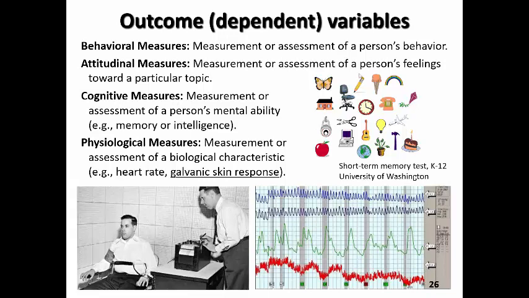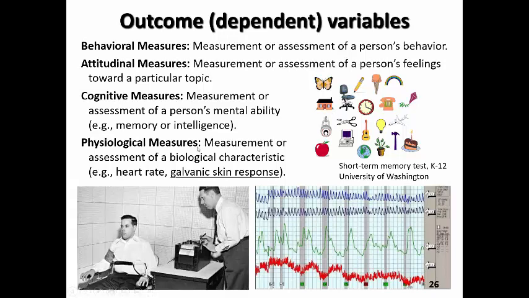That's illustrated here with what's called the short-term memory test for kids between kindergarten and the 12th grade. This one is published by the University of Washington, where children would view certain images and try to recall those images in order to evaluate their memory.